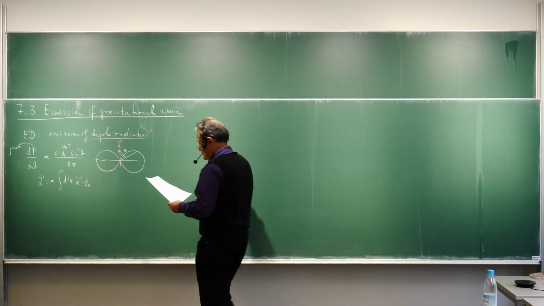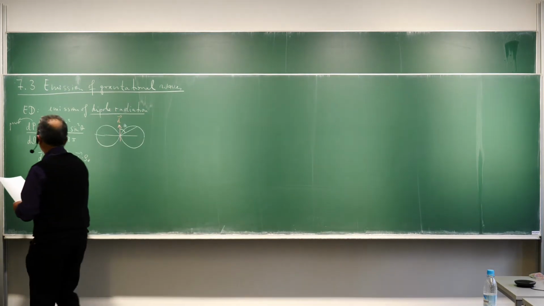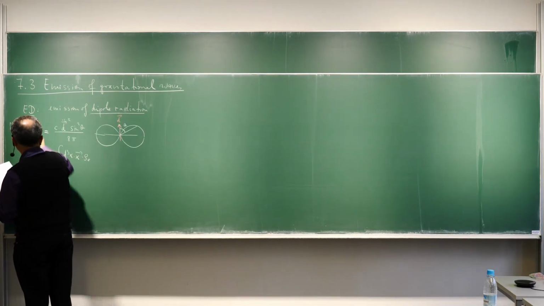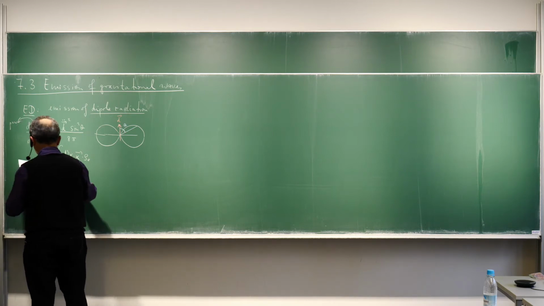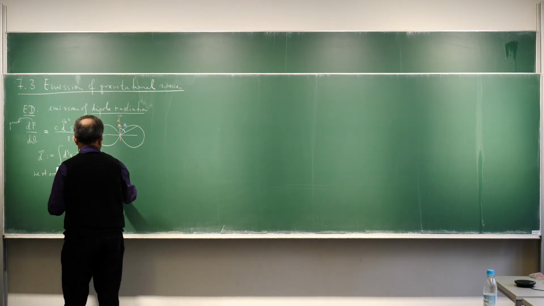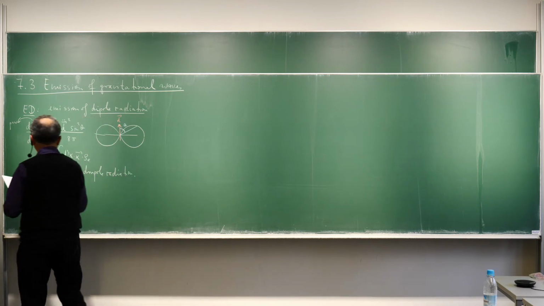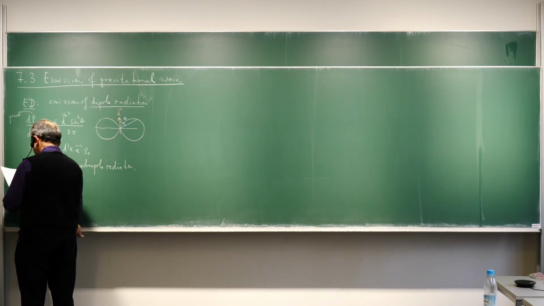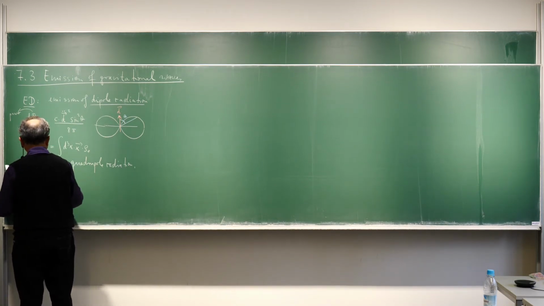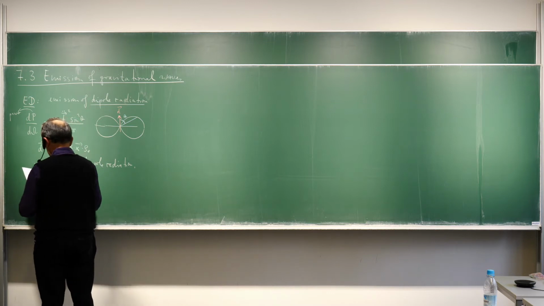In electrodynamics, the next order is then the quadrupole radiation, which has also a result that maybe is not so discussed usually in detail, but you can find it in standard texts of electrodynamics. And it has this expression.